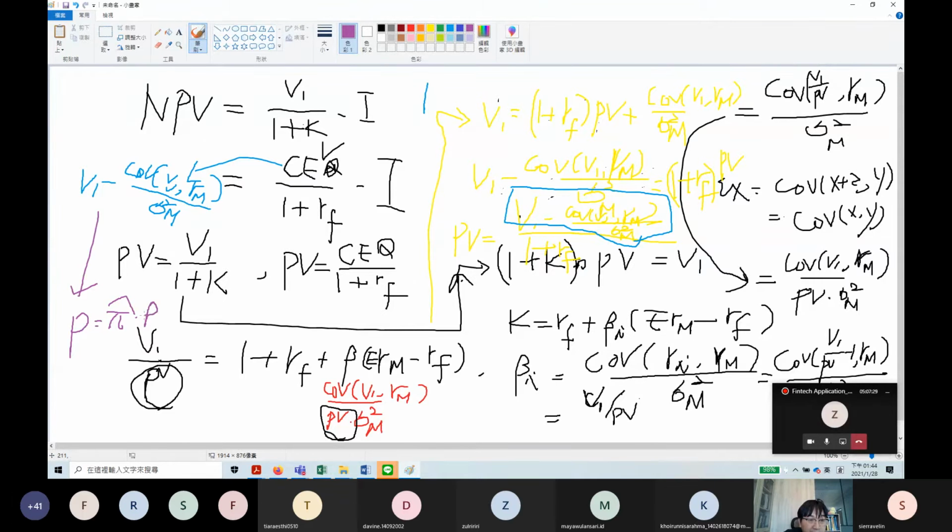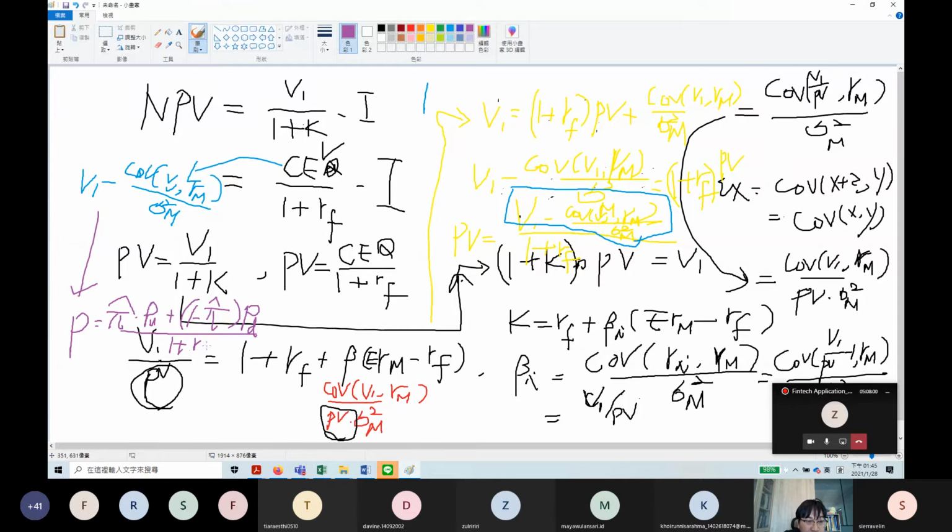times your price in the up state, PU, plus 1 minus pi times PD, where D is the down state. This is your expected value, and you have to discount it, using the risk-free rate.